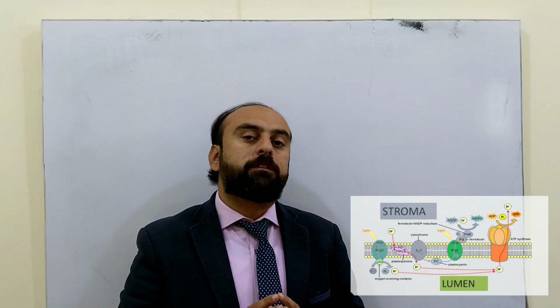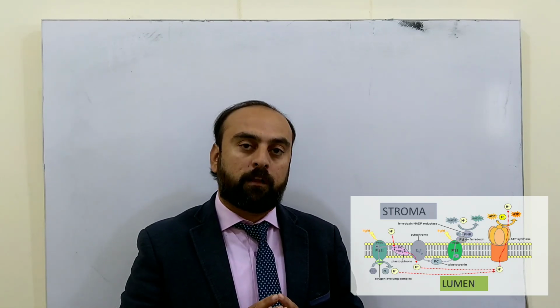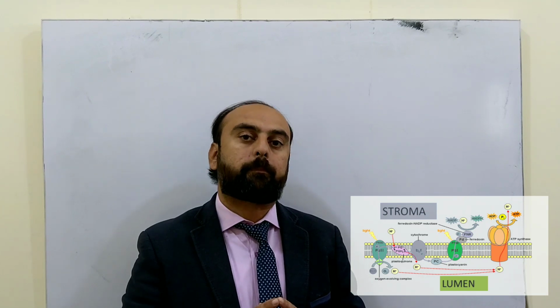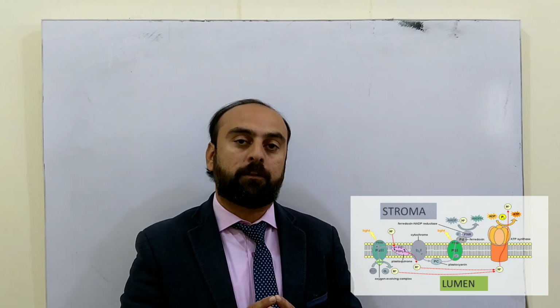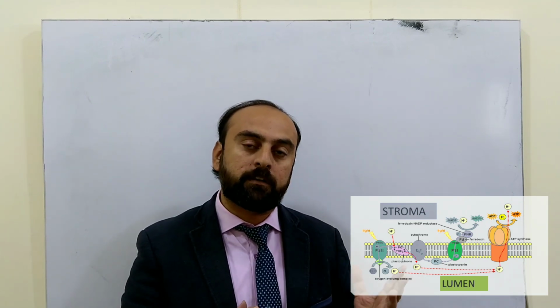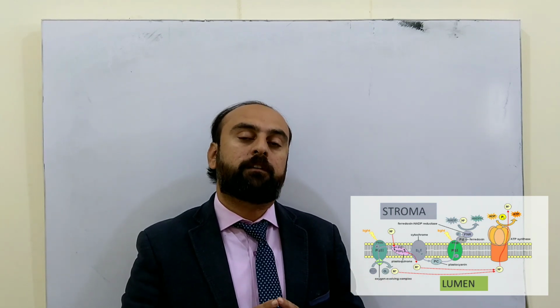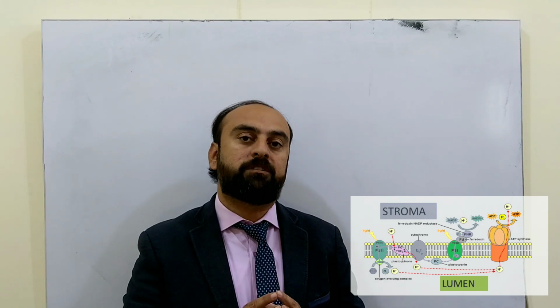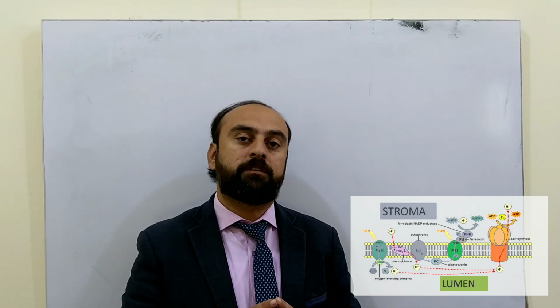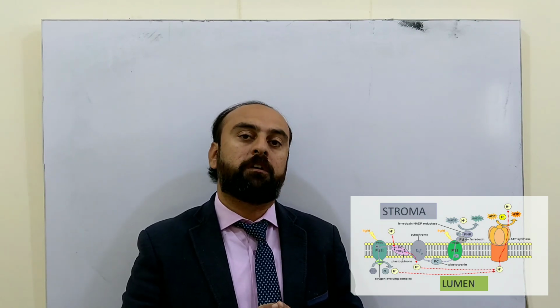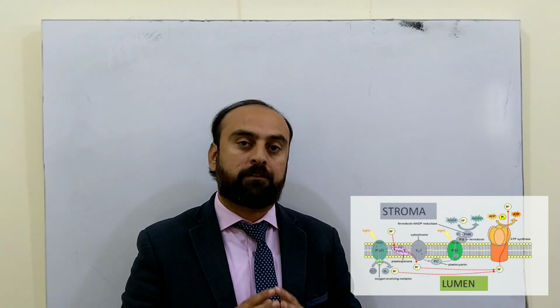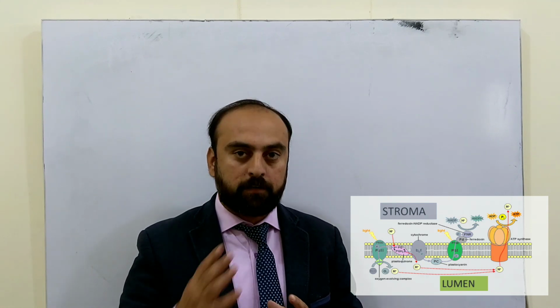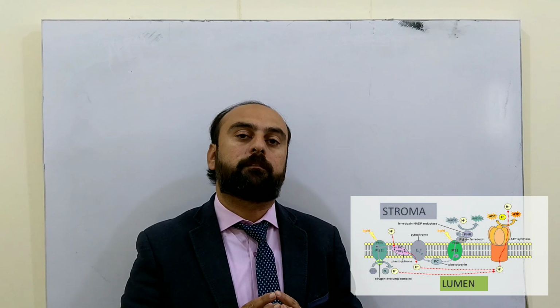Along with NADPH, another product is adenosine triphosphate. How is adenosine triphosphate or ATP generated? During the electron transport chain, when plastoquinone is oxidized at the cytochrome B6F complex, it transfers its electrons to the cytochrome B6F complex.